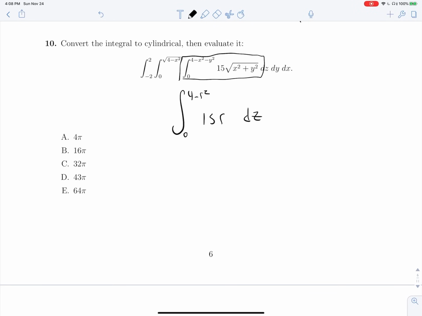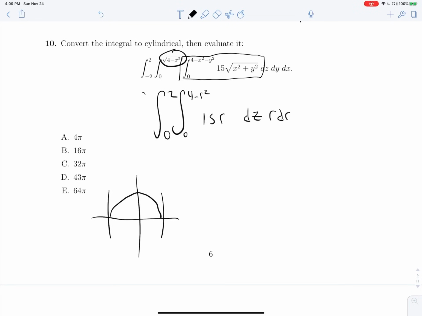And then for the rest of it, we can just graph this thing out. So we're looking at the upper semicircle given by y equals root 4 minus x squared, and then x is running from -2 to 2. So we can add an r dr, and r seems to be running between 0 and 2, and a d theta, where theta runs from 0 to pi.